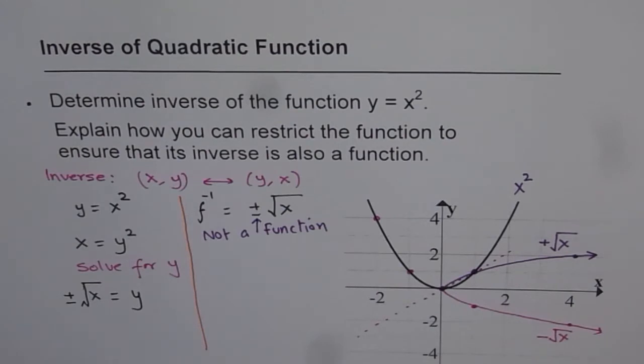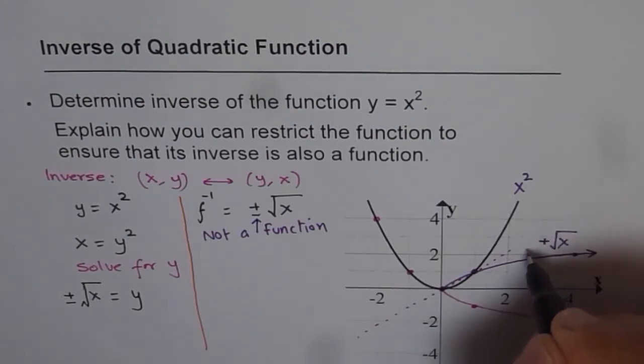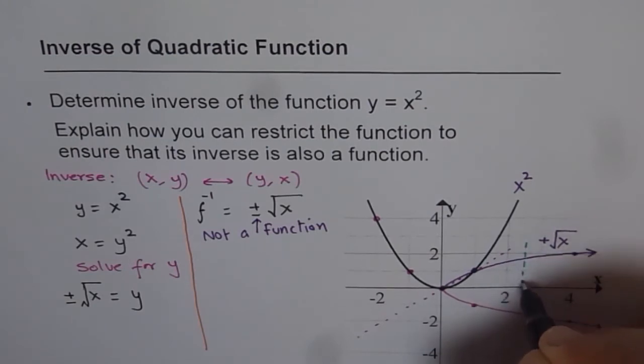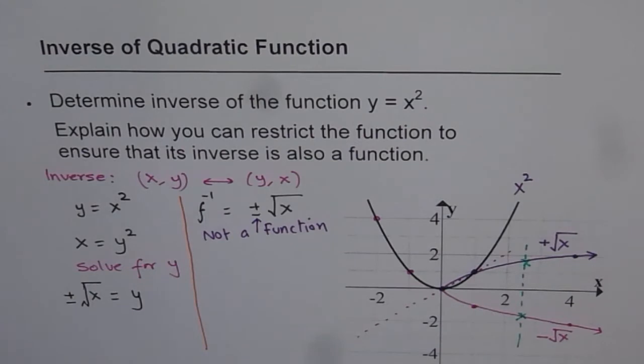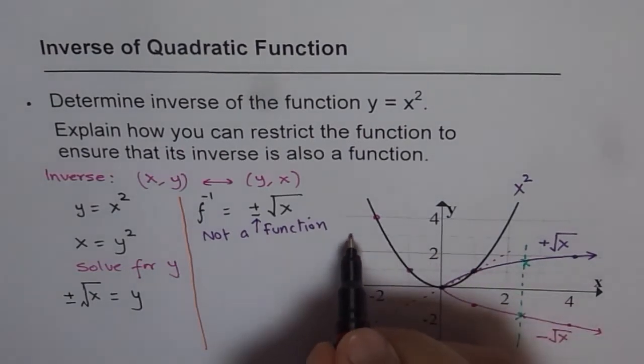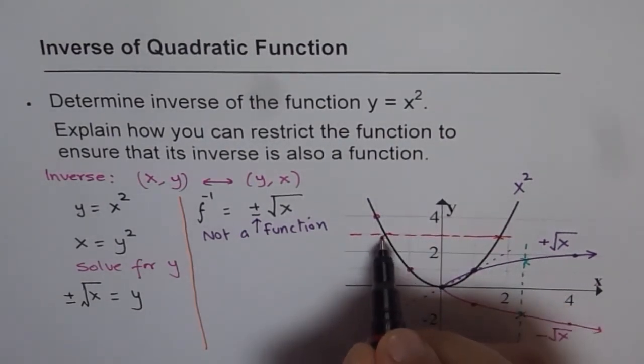So in all, we see that we have a function here and its inverse. But the inverse is not a function, since it fails the vertical line test. If I draw a vertical line, it crosses at two points. Therefore, it is not a function. We could have seen it right from the function itself, since if I draw a horizontal line here, it crosses at two points.